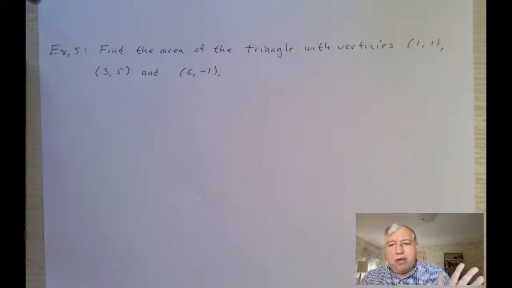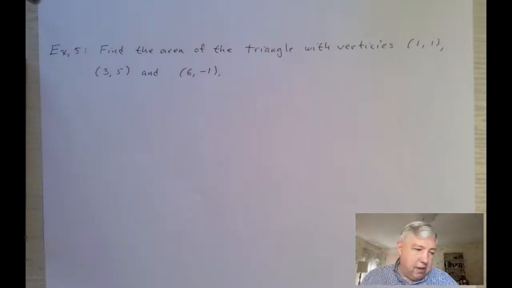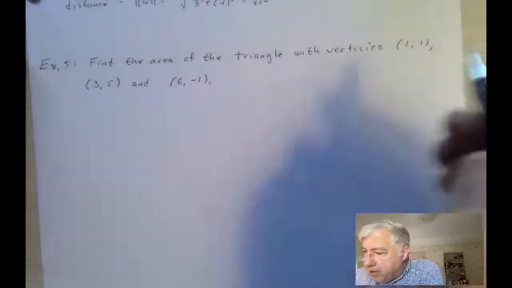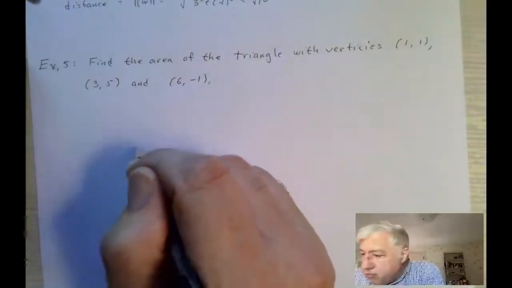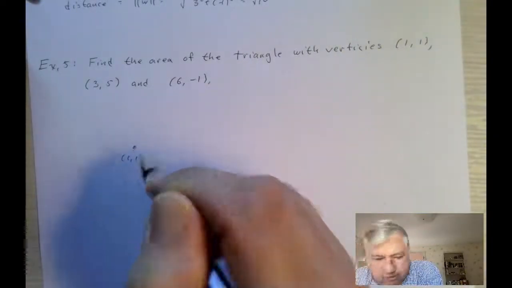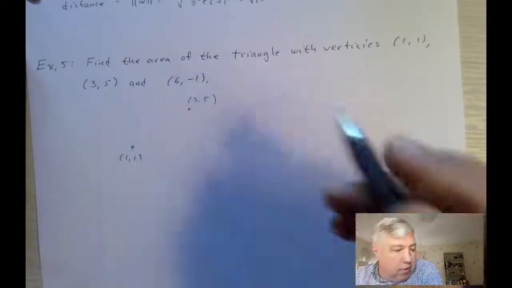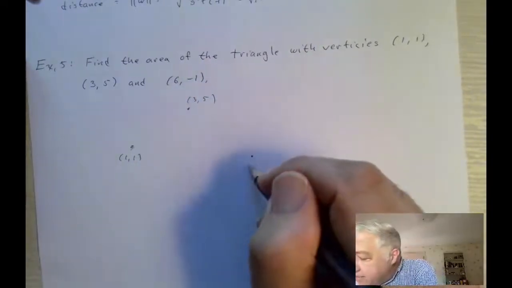And remember, one side of a triangle can be written as the sum or the difference of 2 other vectors. So let's look at it here. Let's say we have, I won't draw this to scale, the points 1, 1, 3, 5, and 6, negative 1.